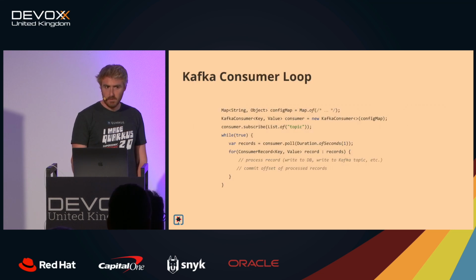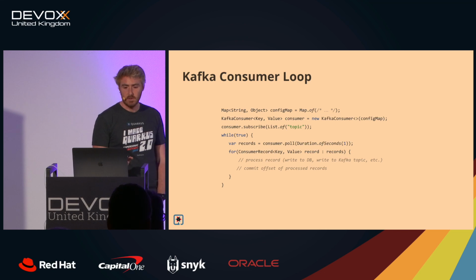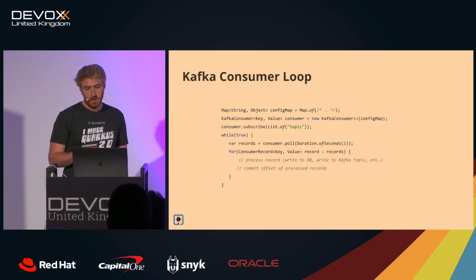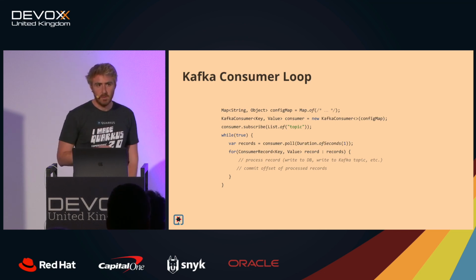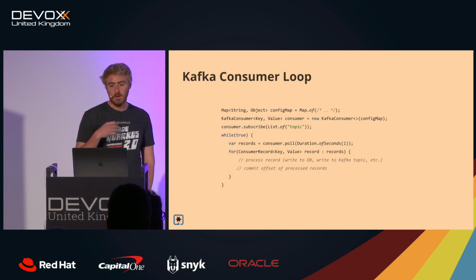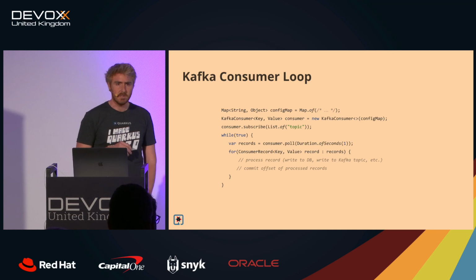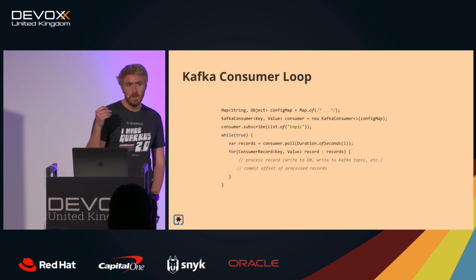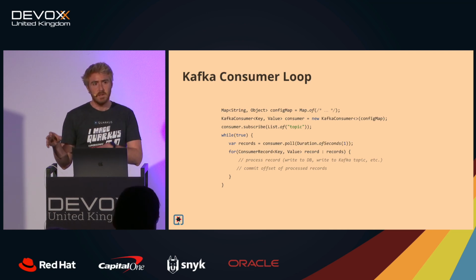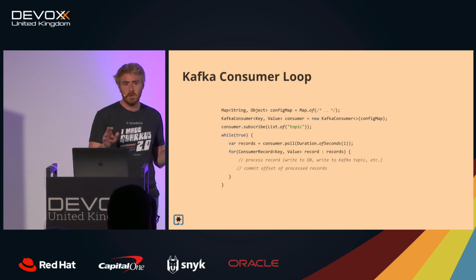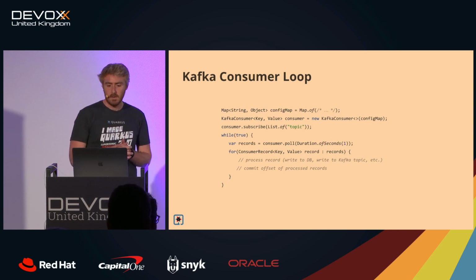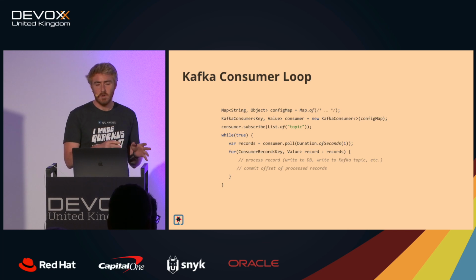So a typical Kafka client application looks like that. If you want to consume from a Kafka topic, you create a Kafka consumer. You give a bunch of configurations like consumer group ID, your serializers and deserializers, because Kafka doesn't know about your types. And then you subscribe to a list of topics.